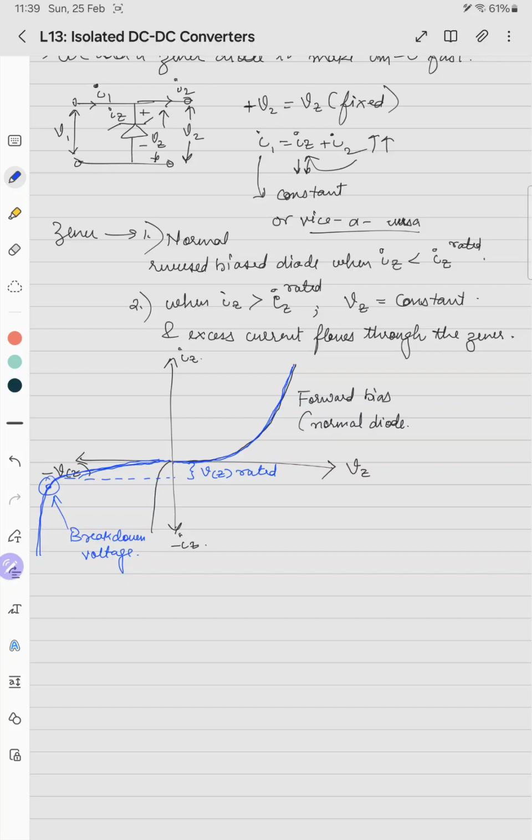So all these conditions, 1 and 2, are region 1, region 2. So this is reverse bias, which is in zone 2, and forward bias is in zone 1.